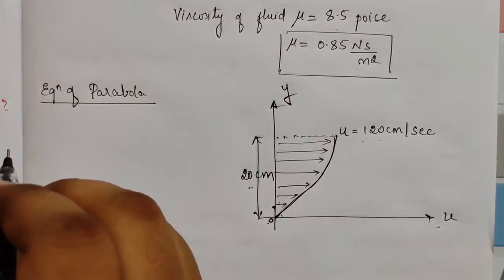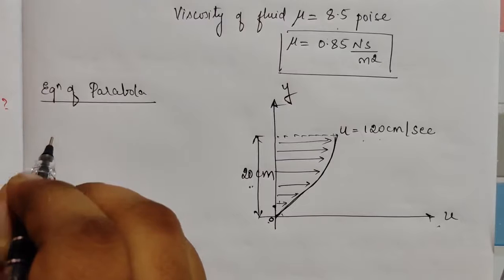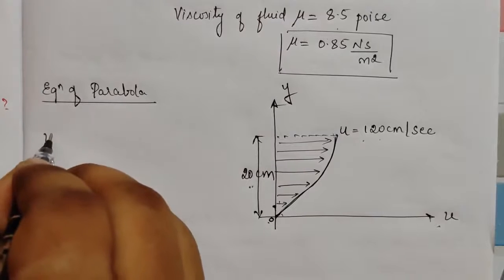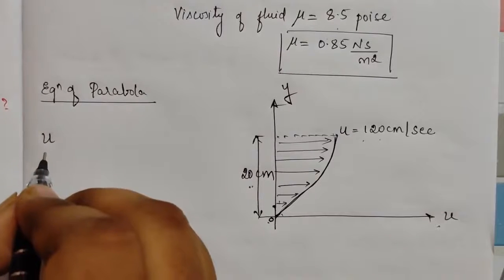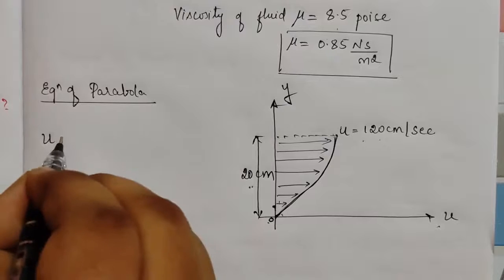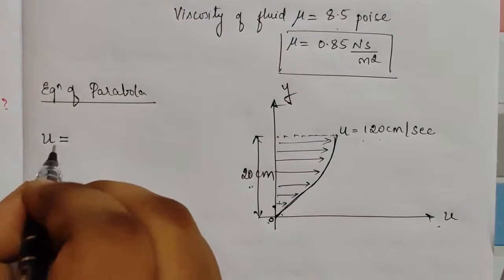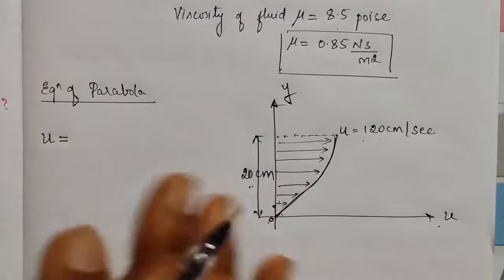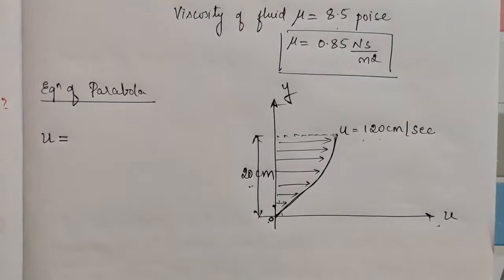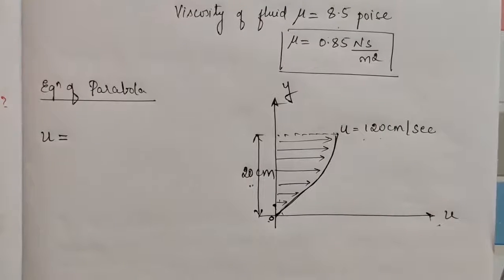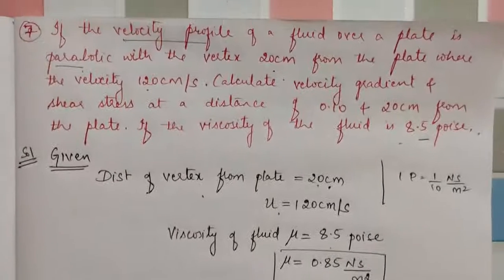Anywhere in any problem, if they give a parabolic variation, we have to remember one equation with respect to the velocity profile. If you know this, you can solve this problem. If you can't interpret this, it will be difficult.